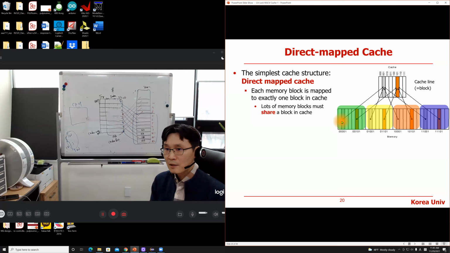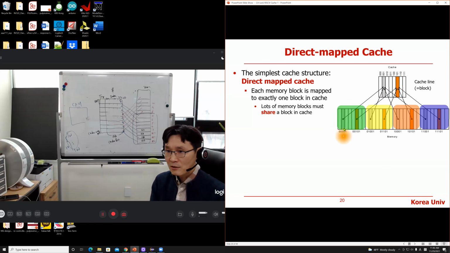Here, the first memory block in this green chunk. Same cache size, right? Cache size and this cache size. The first memory block in this green chunk maps to the first cache entry.